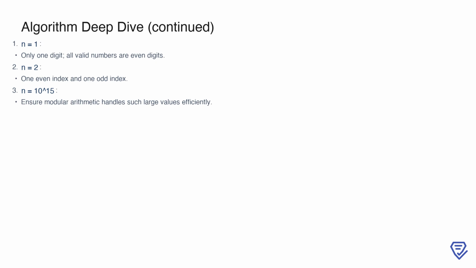For n equal to 2, we have one even index and one odd index, and their contributions are combined accordingly. For extremely large values of n, such as 10^15, the use of modular arithmetic ensures that the calculations remain efficient and within computational limits. These edge cases demonstrate the robustness of the approach, ensuring correctness and scalability across all valid inputs.